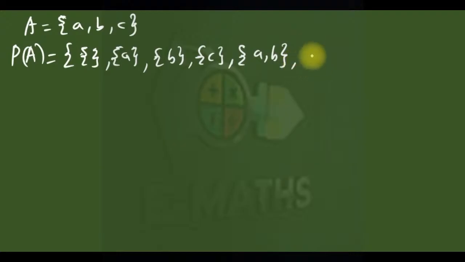An empty null set, yes, we can build it by excluding every element. We can still have set A that contains only element A. We can still have B. We can still have set C. Yes, we can still have A, B. We can still have B, C.